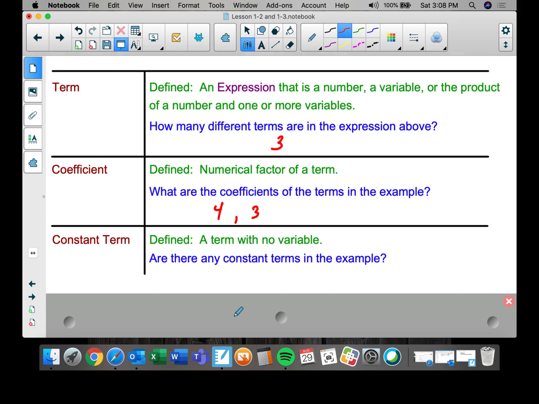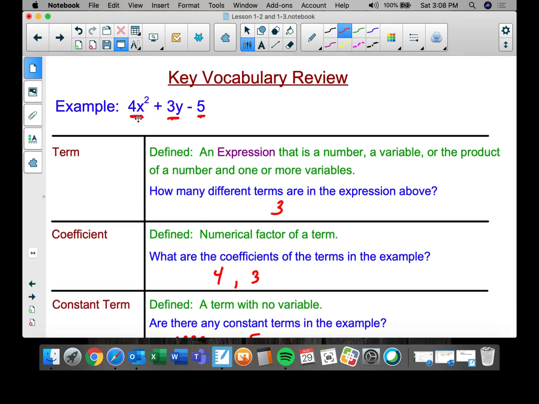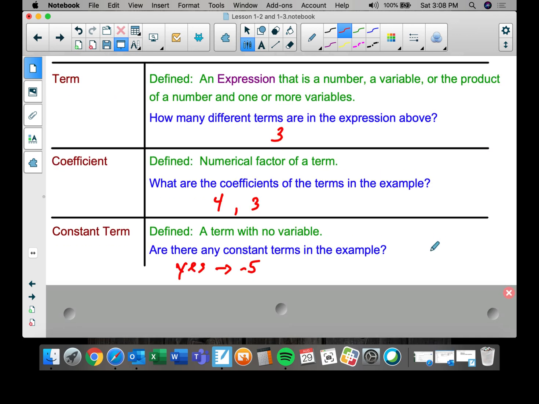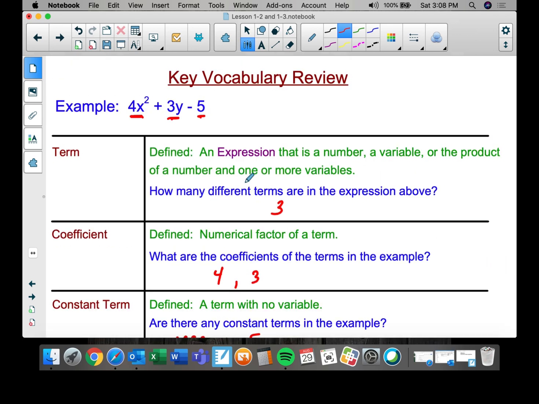Yes, and that is -5 in this case. So you have 3 terms separated by plus or minus signs. The numbers in front of the variables are your coefficients, and -5 is your constant because there's no variable attached to it. So that's the first part of some vocabulary.